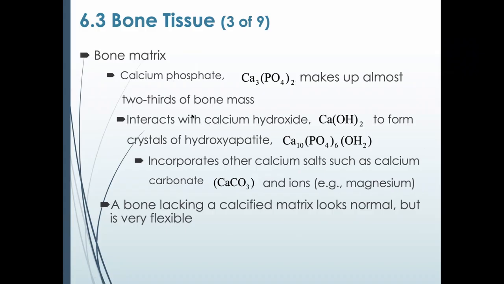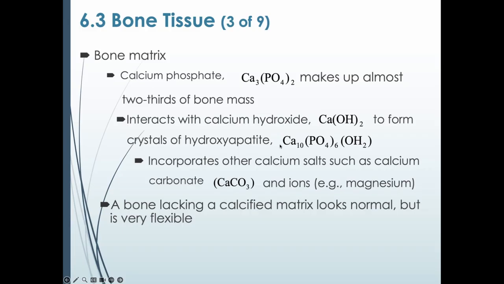With that, you're going to have interactions with calcium hydroxide, Ca(OH)2, and it's not H2, it's OH. That means there are two OHs, two hydroxides. They're going to interact to form crystals of hydroxyapatite. So the calcium phosphate is going to react with the calcium hydroxide to form hydroxyapatite.